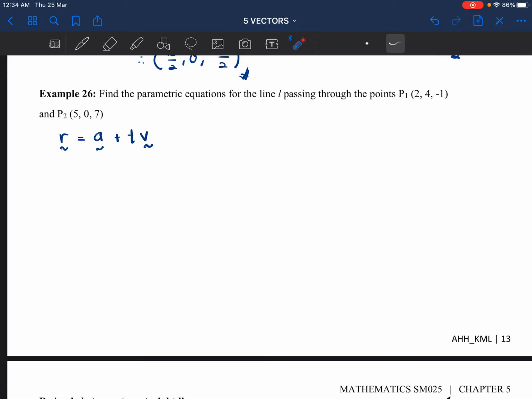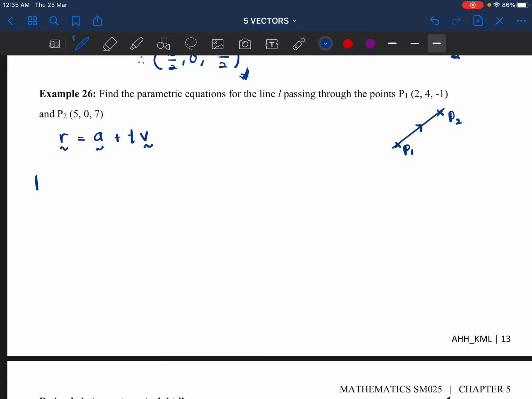So, dia kata passing through point P1 and P2. Okay, contohlah kita ada line. Ini ialah P1 kamu, ini ialah P2 kamu. Okay, so apa yang kita perlu cari ialah direction vector between P1 P2 untuk dapatkan v kita.